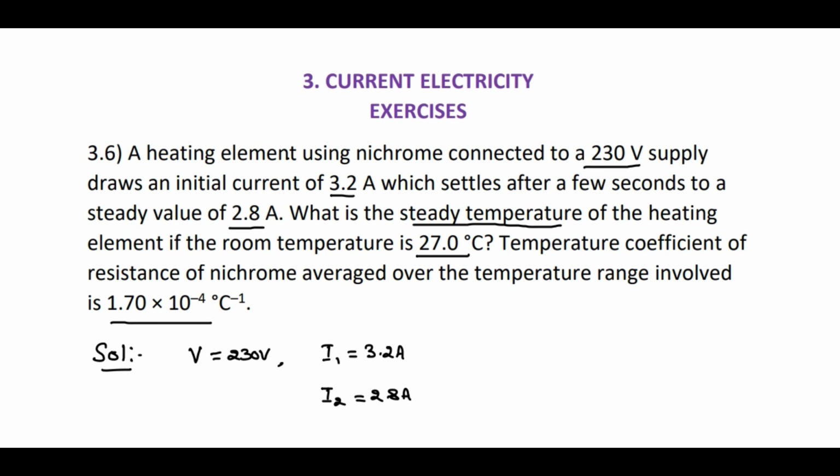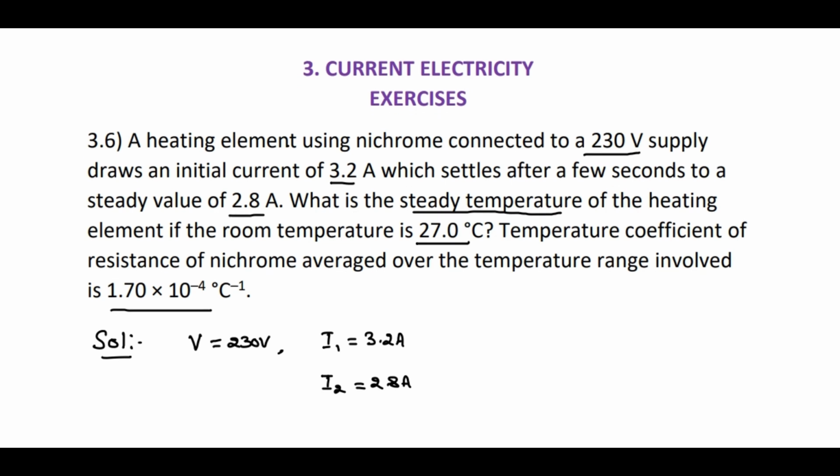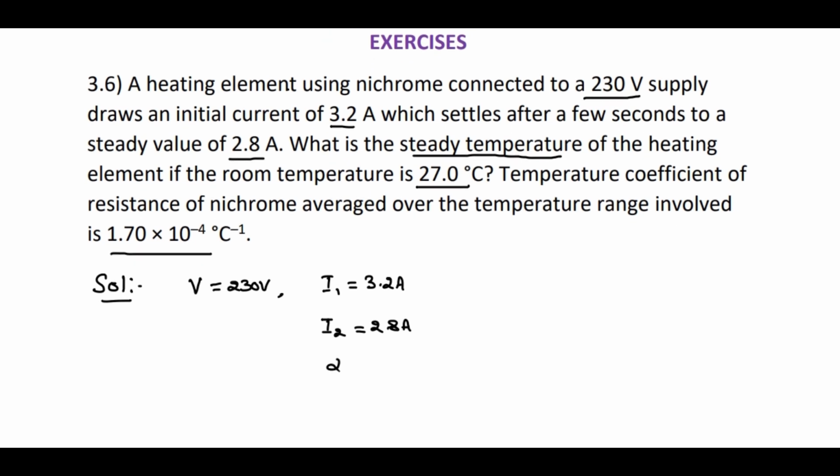The current has fallen to 2.8 ampere from 3.2 ampere. And the value of alpha is equal to 1.70 into 10 power minus 4 degrees Celsius inverse.